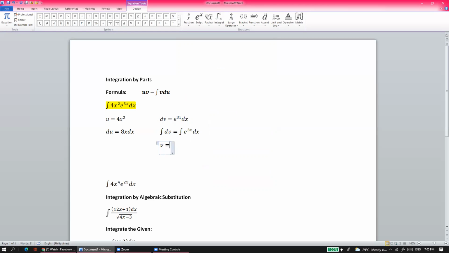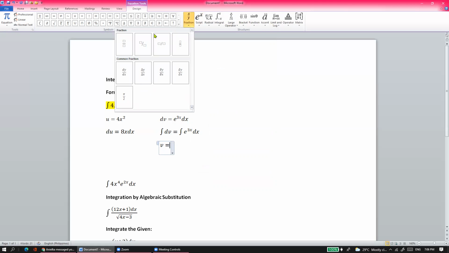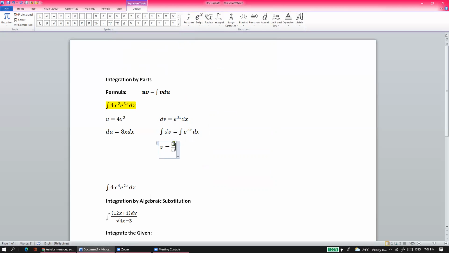Ang integral ng e to the 3x dx, bagamat magle-let tayo dyan, at ang u natin is 3x, and then kung kukuhanin natin ang derivative, du is equal to 3 dx, definitely ang ating integral ay magkakaroon ng fraction. Shortcut. Automatic may fraction na 1/3. Lalagyan ko na automatically yan ng 1/3. Then, e to the 3x.